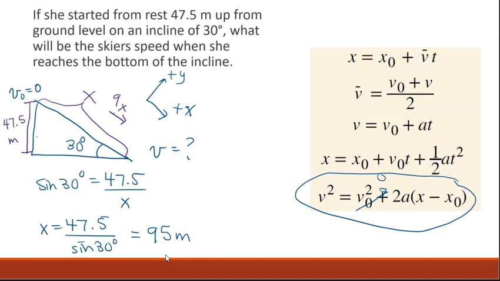Okay, so if I say up from ground level, it means this vertical distance here. Again, emphasizing that the distance you use and the acceleration have to be in the same axis.